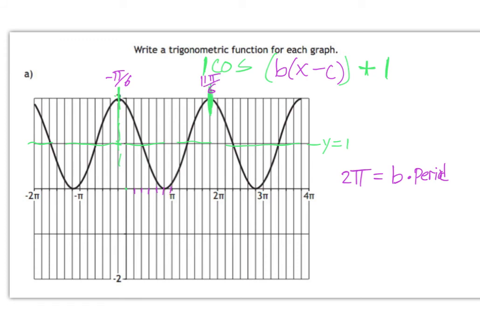So the period is going to be 2 pi, because 11 pi over 6 minus negative pi over 6 gives 12 pi over 6, which is 2 pi. So if that's our period, then b in this case is going to be 1.